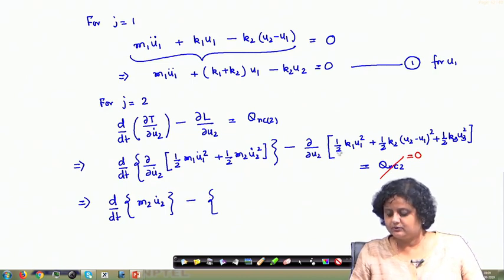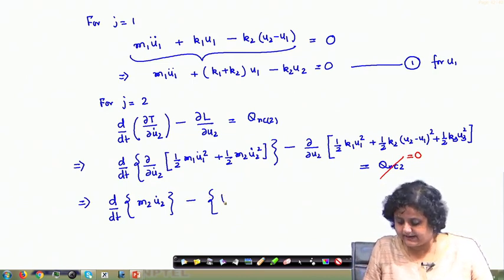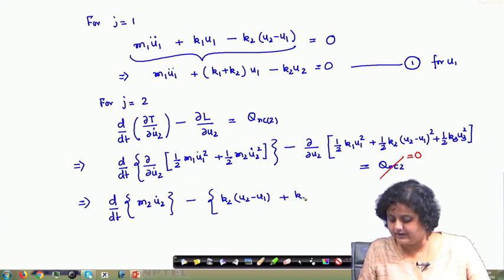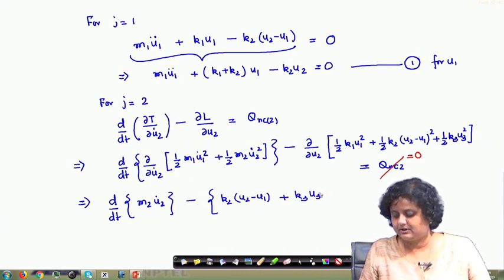So, this I have k2 (u2 minus u1) and plus k3 u3, and that is equal to 0.